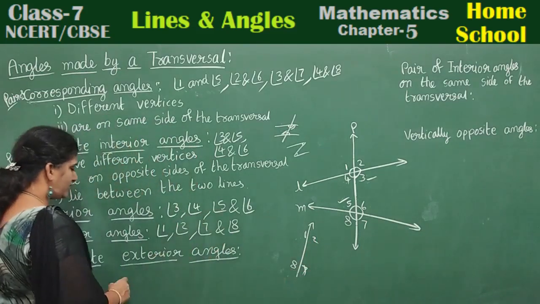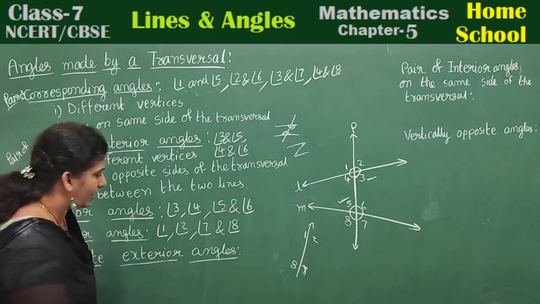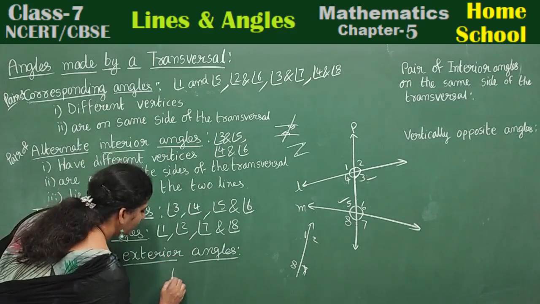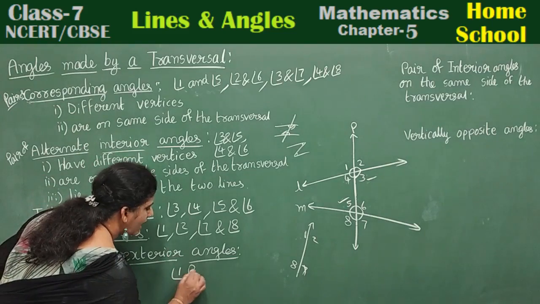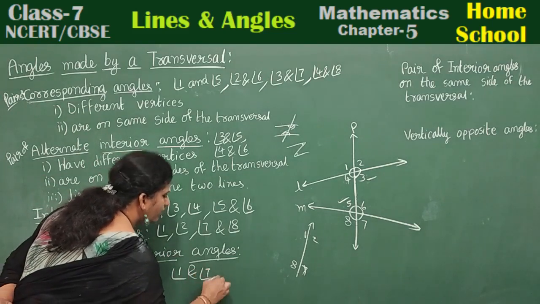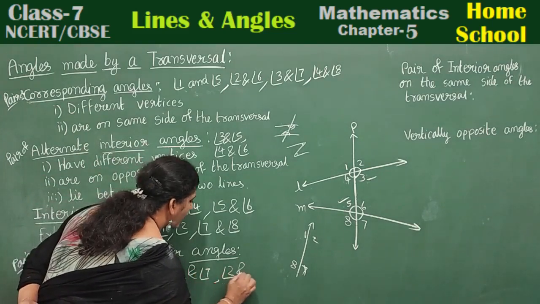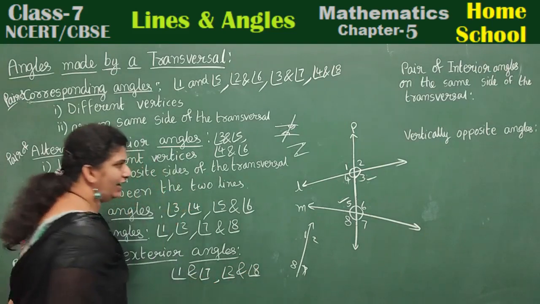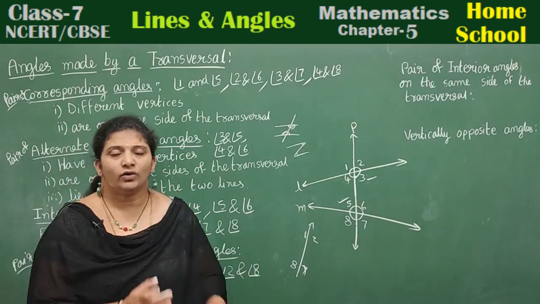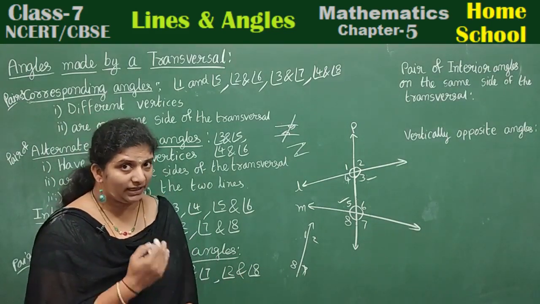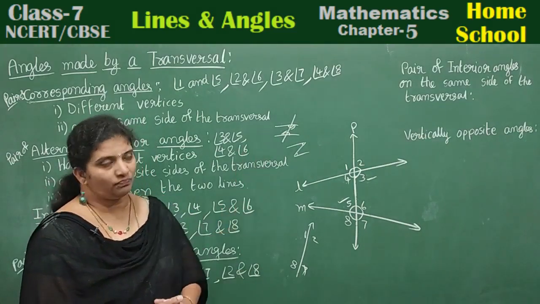Now write the pairs, pair of exterior alternate angles. Right, here, angle 1 and angle 7, comma, angle 2 and angle 8. Right? What all we have learned, we are going to repeat again after completing those two.